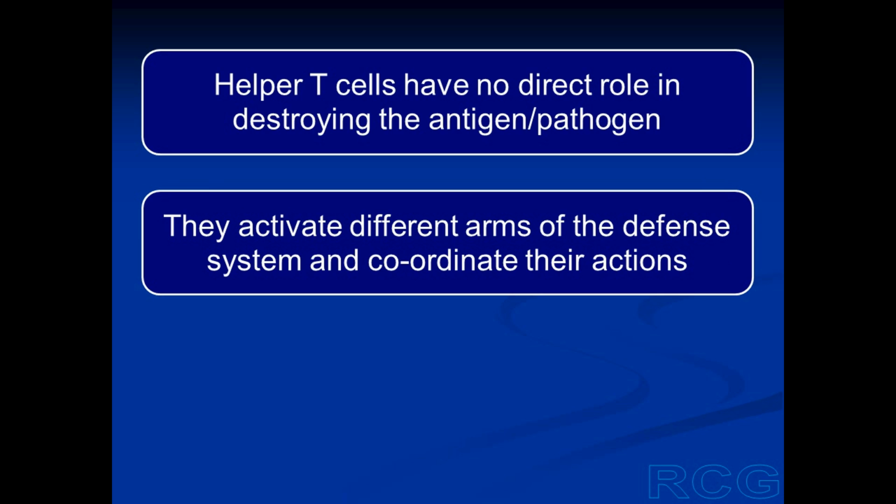The helper T cells cannot destroy the pathogen or the antigen. They have no direct role in destroying the pathogen or the antigen. They activate different arms of the defense system. Innate immunity is activated, humoral immunity is activated, cell-mediated immunity is activated, and the helper T cells coordinate the actions of innate immunity and adaptive immunity to mount an effective immune response against the pathogen.